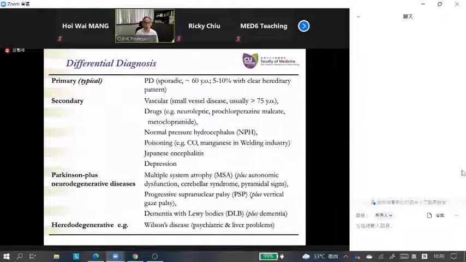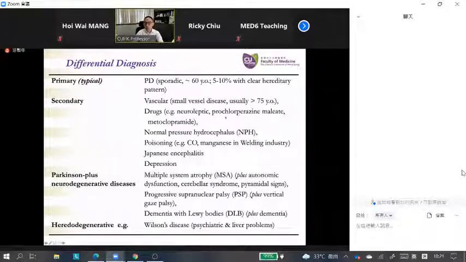There is no tardive Parkinsonism. Neuroleptic-induced Parkinsonism is completely reversible. You just stop the drug and it reverses. It's not tardive, it's not delayed onset.